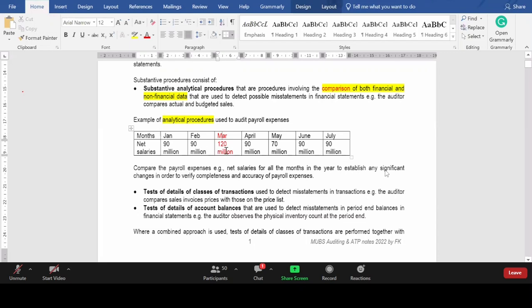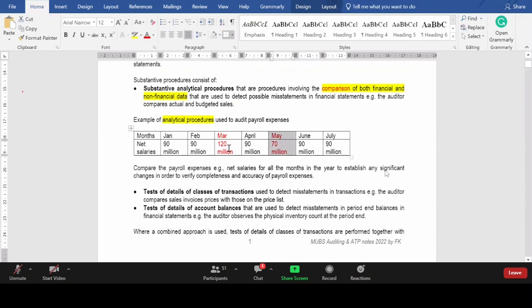You find that this shows that there's a risk here. This shows that there is a risk because payroll expenses can't just increase from 90 to 120. So analytical procedures help to show you where the problems could be. Like this one here, it's showing us that there is a problem here. Also, it is showing you that there is a problem around here from 90 to 70.